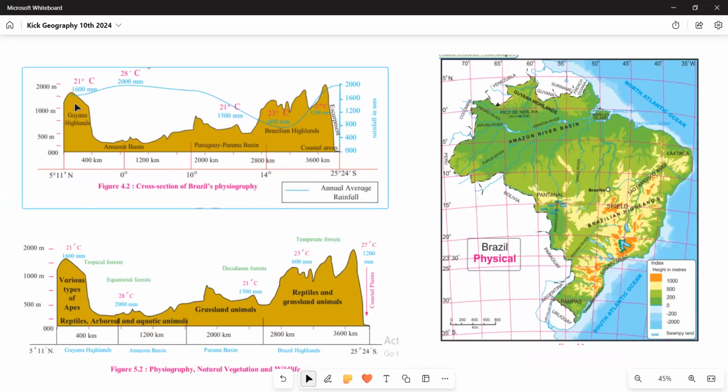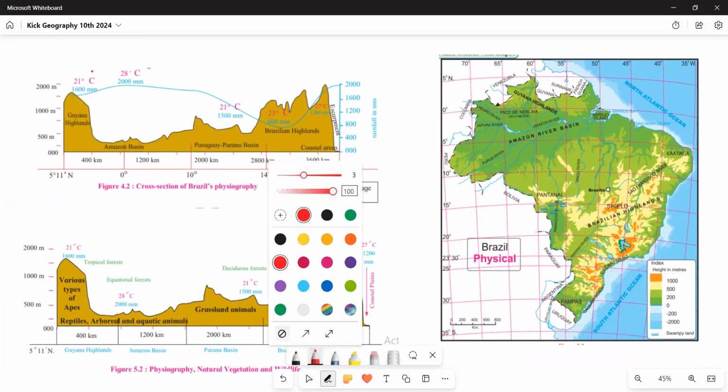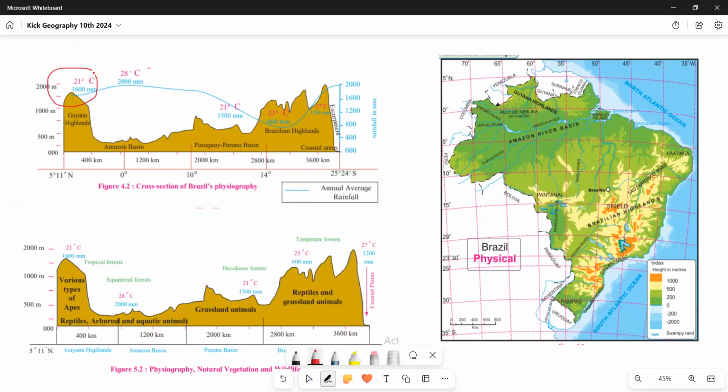We can see that we have got high rainfall in the Guyana highlands region because the elevation is high. We know that this is the equator. So because the equator is here, in the Amazon basin, you get lots of rainfall. But at the same time, the temperature is also high.